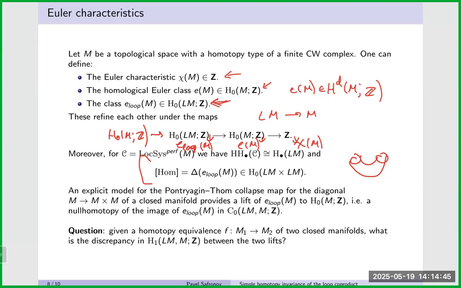And so in the paper, we basically explained that if you write down some models of intersection product, or if you're familiar with this, you need what's called the Pontryagin-Thom collapse map for the diagonal to write the intersection product. In these models, this loop Euler class actually lifts to homology of the manifold.